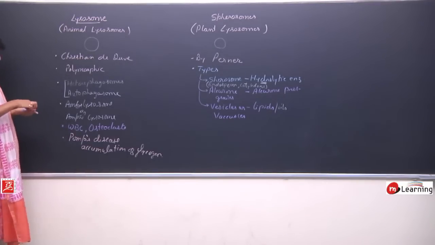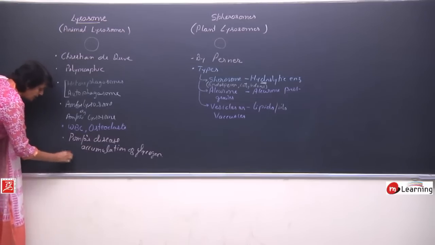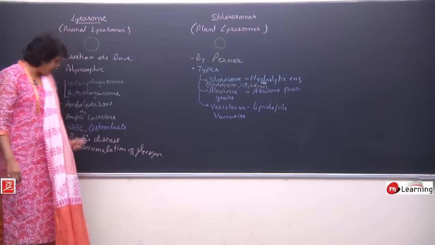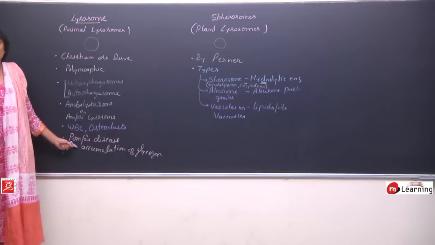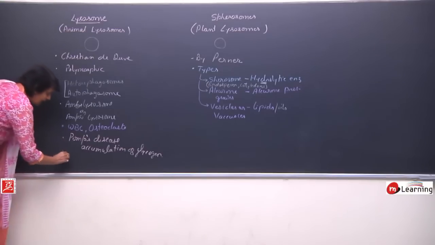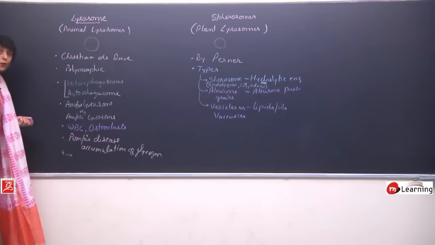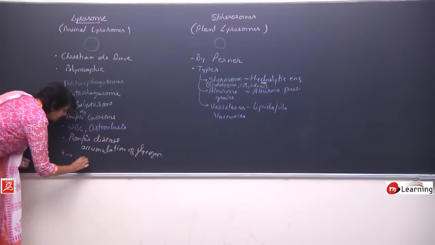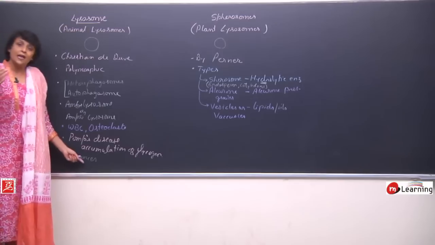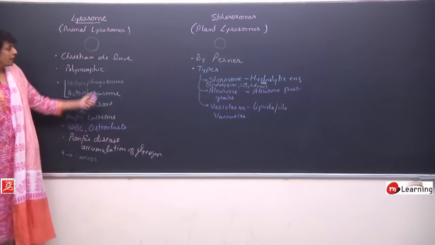Pompe's disease. One more thing which is reported about lysosome is that these hydrolytic enzymes which are present in lysosomes can cause mutation and can result into cancer. So they have also been considered responsible for cancer. Not directly, but because these enzymes can cause mutation.